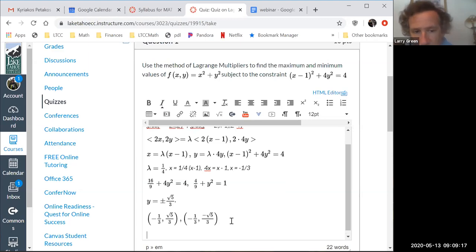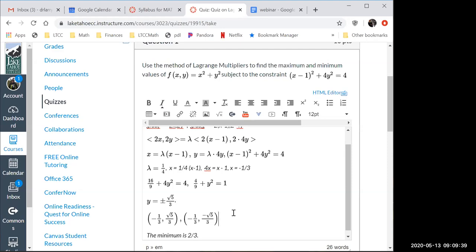So the minimum is f of 1/3, comma root 5 over 3, which again is a ninth plus 5/9, which is 6/9 or 2/3. And that's the minimum.